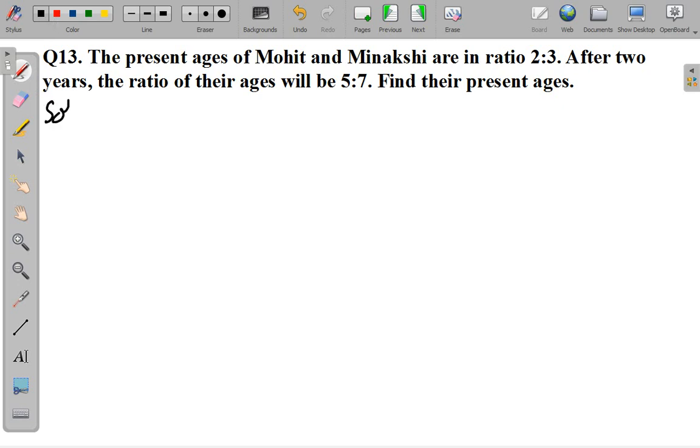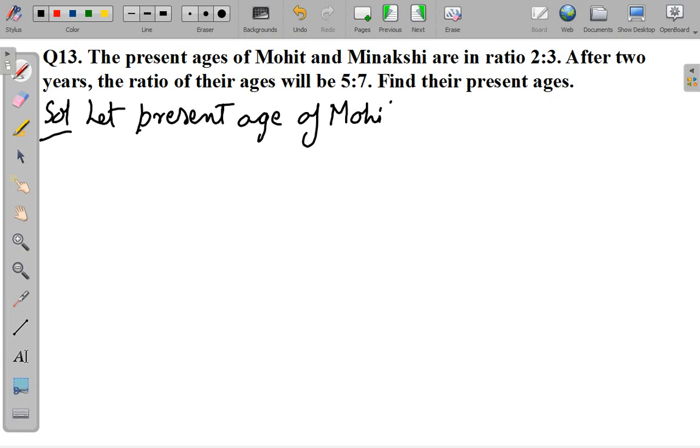Let the present age of Mohit be x years.